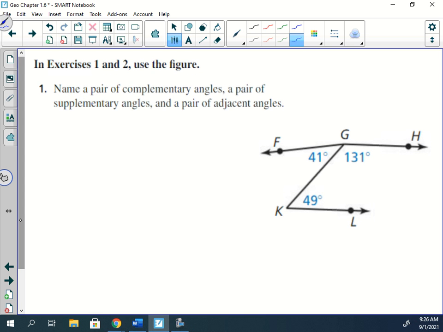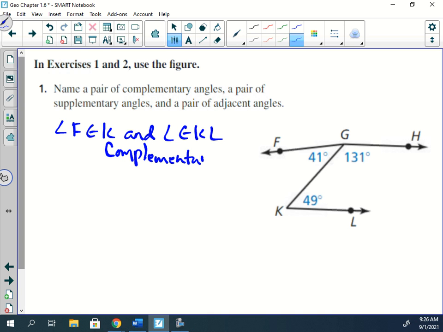So we have 3 things going on here: a pair of complementary angles, a pair of supplementary angles, and a pair of adjacent angles. Okay, and what was the second one? GKL would be complementary. Yeah, so you can do comp and sup for those.